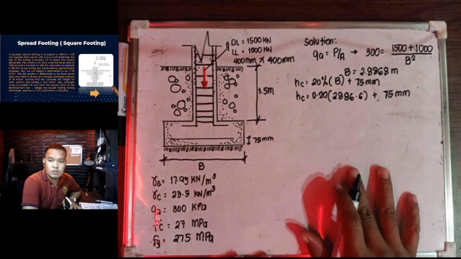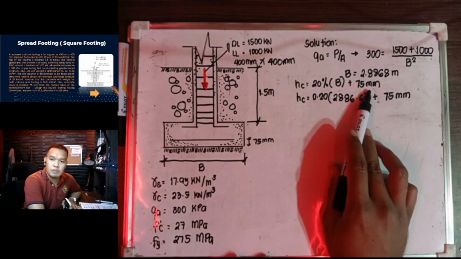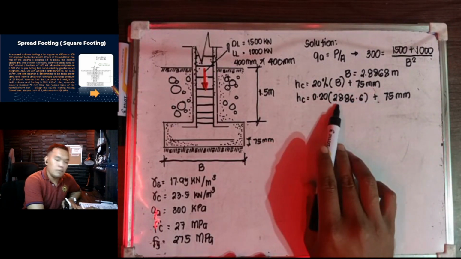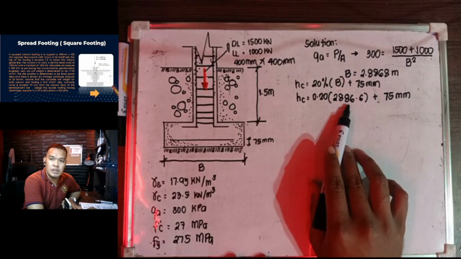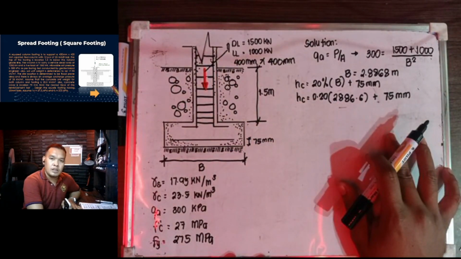Okay, take note na yung na-compute mong B dito is naka-meters and take note na yung 75 mm mo dito is naka-mm. So, kailangan naka-millimeter din po yung ano natin, B dito. Para pag kinumpute mo is lahat yon is uniform yung ating units.